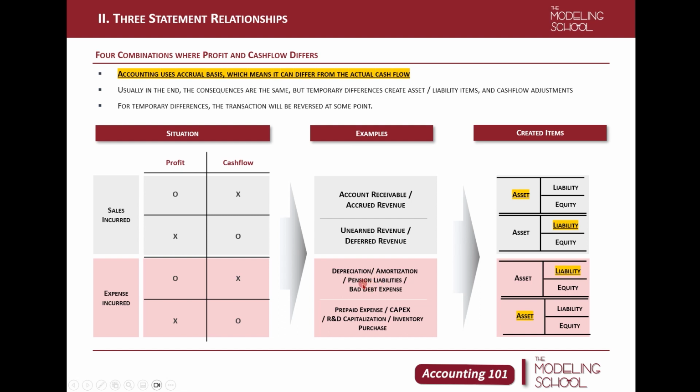But for pension liabilities, for example, many companies provide pensions. So when you retire or when you quit your job, usually the employee receives a huge chunk of money. Those kinds of pension liabilities are accumulated each month with the payroll. So for pension liabilities, usually there's no cash outflow until you retire or quit, but in the income statement, it is constantly recorded as an expense.